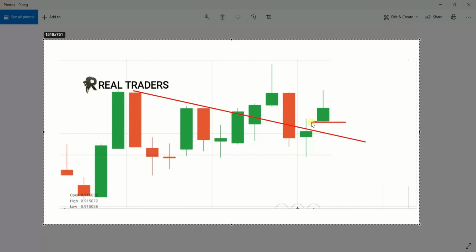the candle opened above the level, so we should leave these trades. Okay, so you should not trade at these opportunities. You should leave it. The market may go up, or the market may reverse and go down.